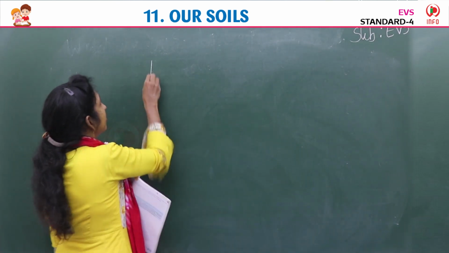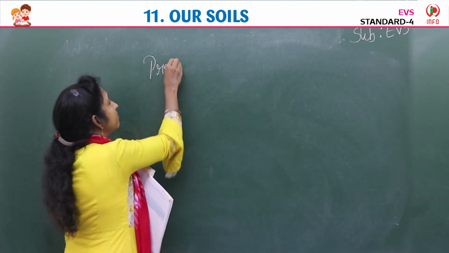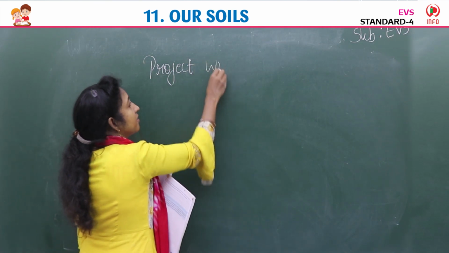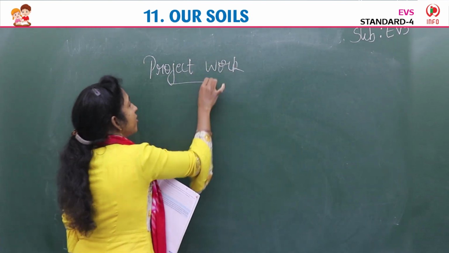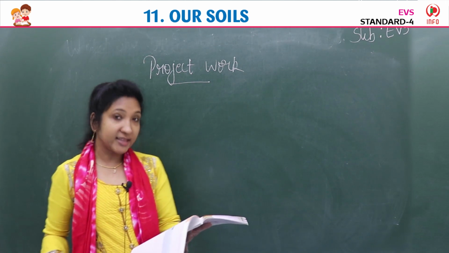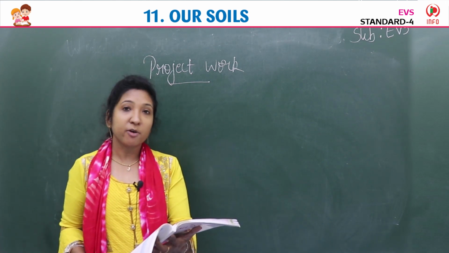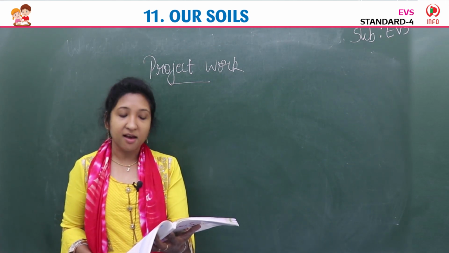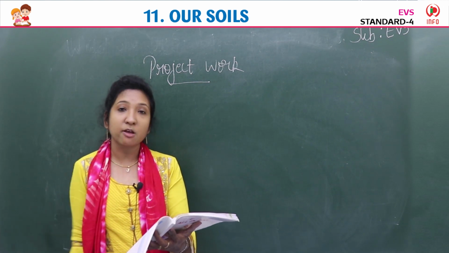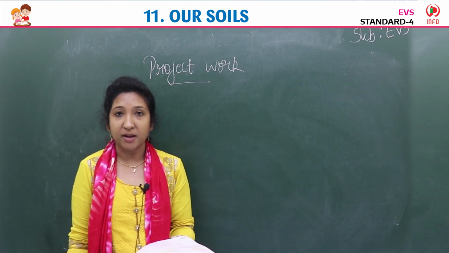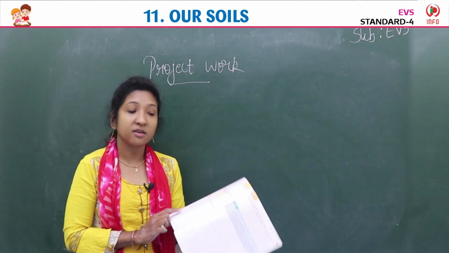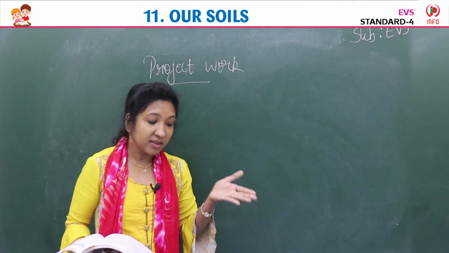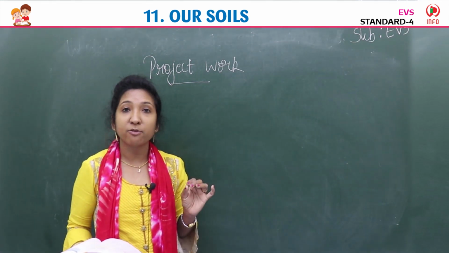Okay? Project work. So, what project is given in your textbook? Let's see. On the outline map of India, locate the areas having different types of soil and fertilizer plants. See the image given, children. In the image you can see the outline map of India.